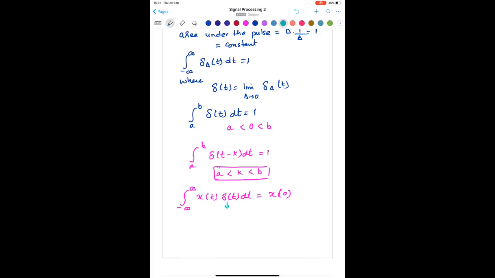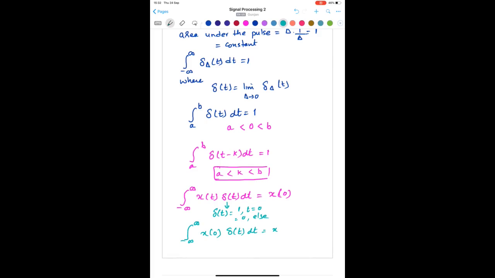Because we know that delta t is equal to 1 for t equal to 0 and 0 otherwise. So when we put t equal to 0, we can write it as the integral from minus infinity to infinity of x0 delta t dt.